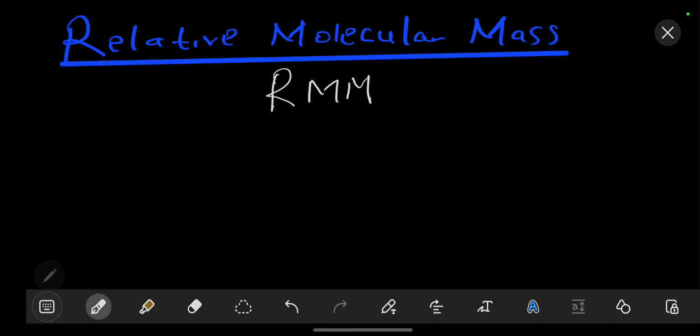I repeat, RMM, molar mass, and atomic mass, you may want to write that down, they are all the same thing. So if I ask you, what is the mass number of, let's say, sodium, for instance? I can also rephrase and ask you, what is the RMM of sodium, or what is the atomic mass of sodium? So know that all these three can be used interchangeably and they mean the same thing.